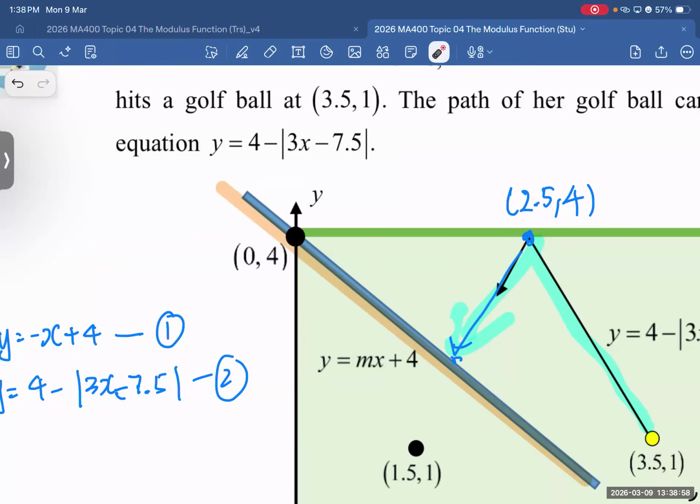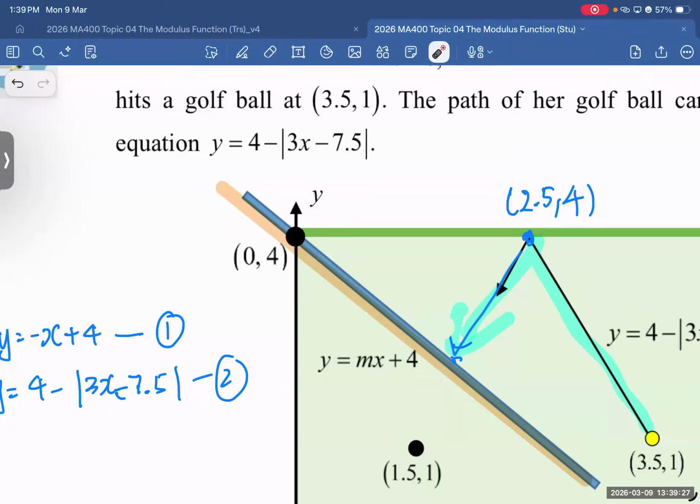So this equation, at the point where the golf ball hits the pole, y equals 4 minus modulus of 3x minus 7.5 is equal to this scenario, because at this point my x is less than 2.5.